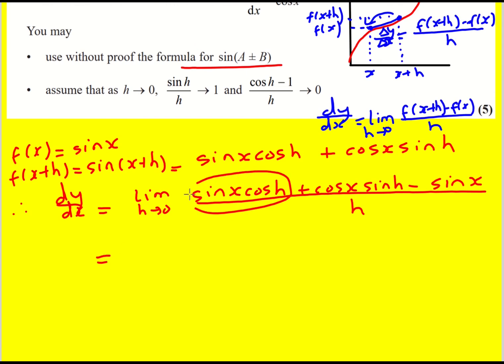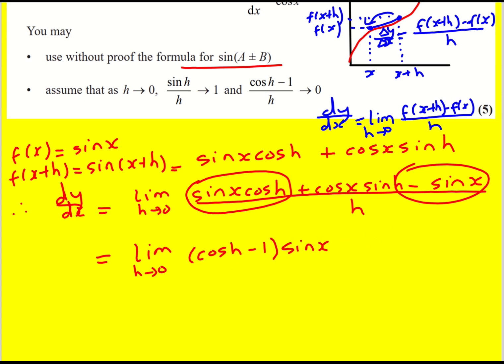Right, now first up I'm going to combine these two terms, or factorize out the sine x. So I'll be left with cos h minus 1, sine x, plus sine h cos x, all over h. I didn't want to do it all too fast because we need to be really clear with our working.